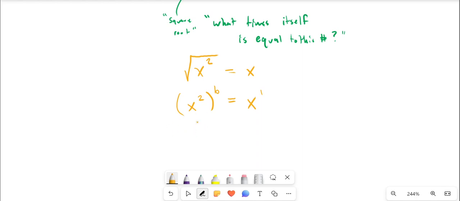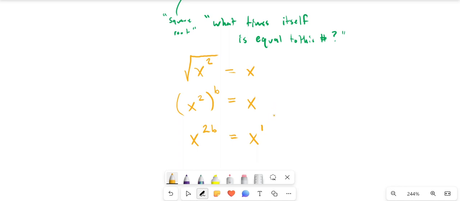Well, let's simplify the left-hand side, right? This would be x to the 2b is equal to x. And let me leave that as just x, but what is x equal to? It's x to the 1.